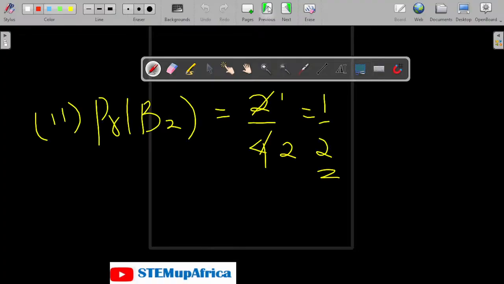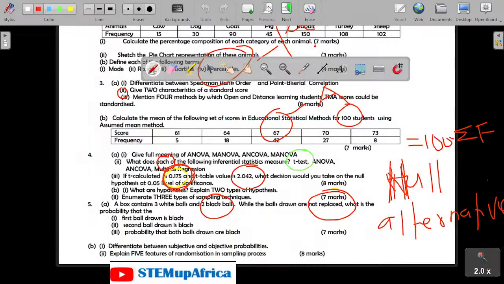So that is it, as far as the question is concerned. Then Roman figure 3, he said, differentiate between subjective and objective probability.